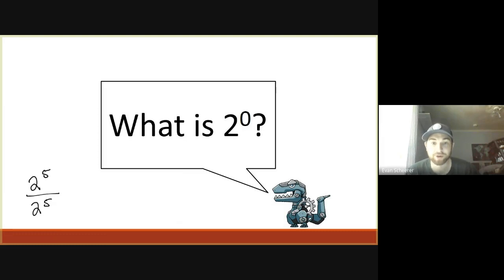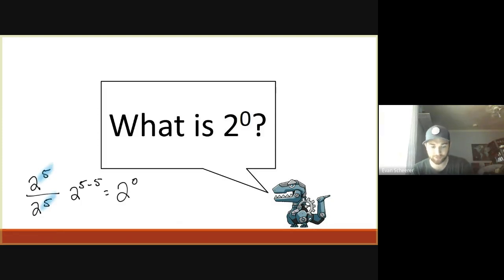Now, remember our quotient rule. These two are the same, right? So I'm going to do 2 to the 5 minus 5 power. Well, 5 minus 5 is 0, so I get 2 to the 0 power. Cool.